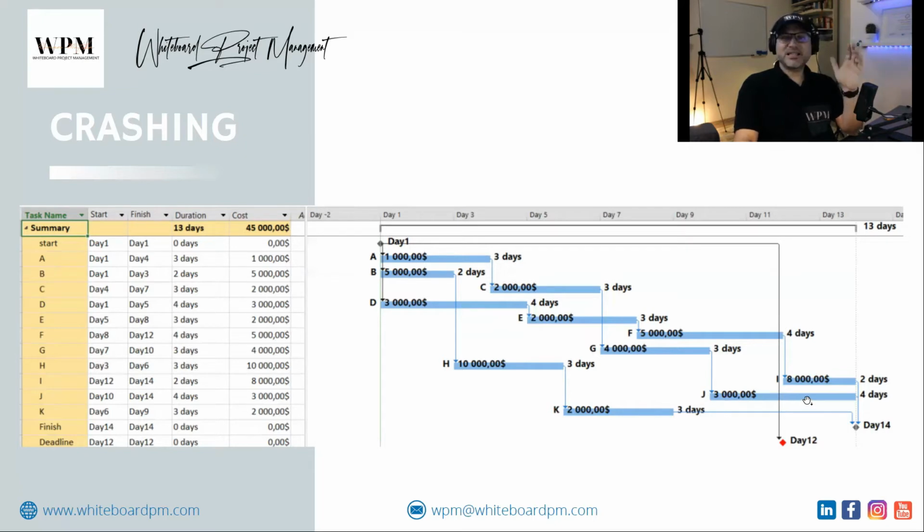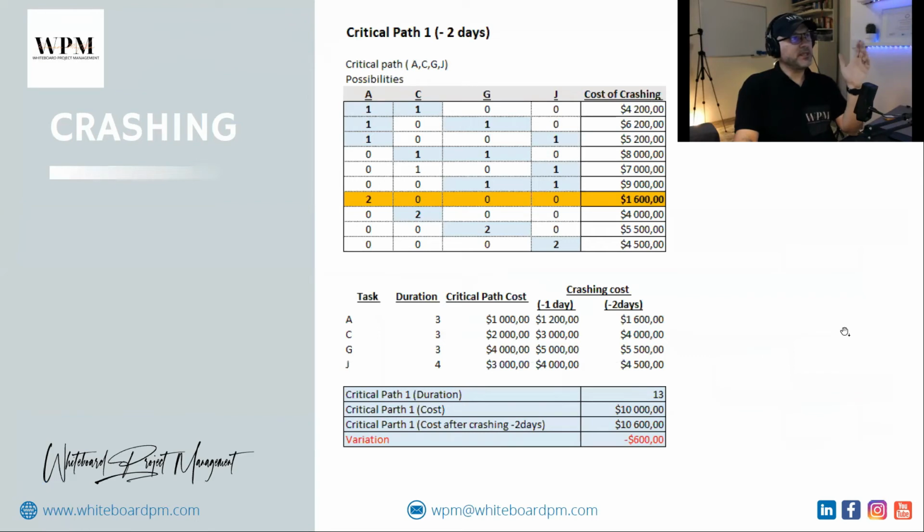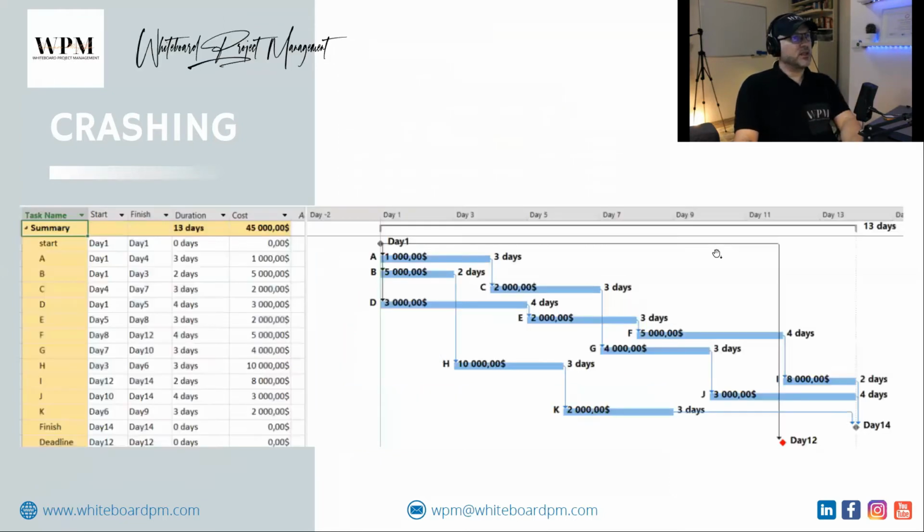So let's make a simple analysis on both critical paths. Critical path 1, this is the critical path which has A, C, G, and J. You need to crash it by 2 days. If we go back, A, C, G, and J, you need to crash it by 2 days.